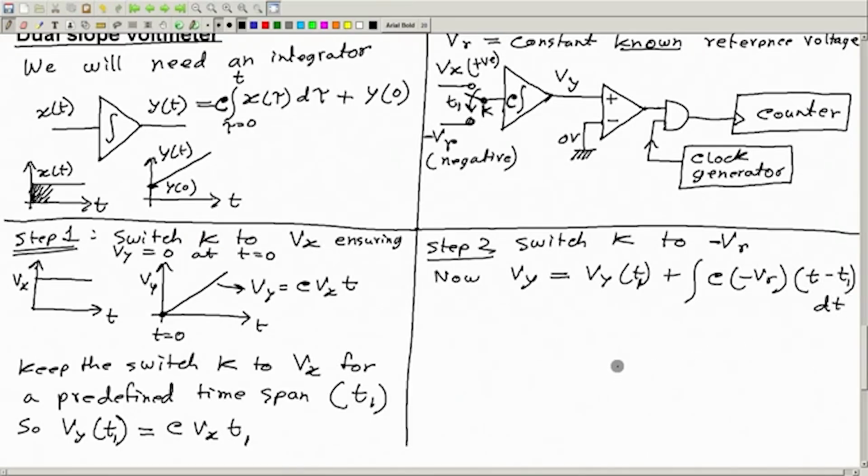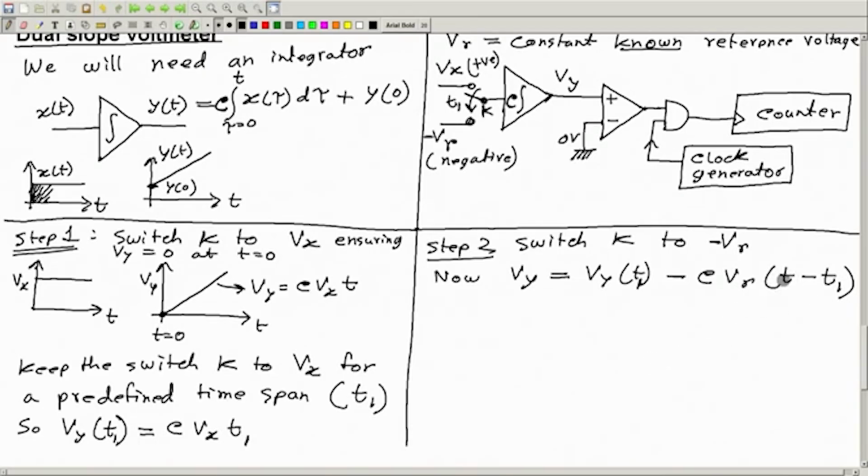Or you can write it directly: this will be minus C VR times (T minus T1), where VR is negative.